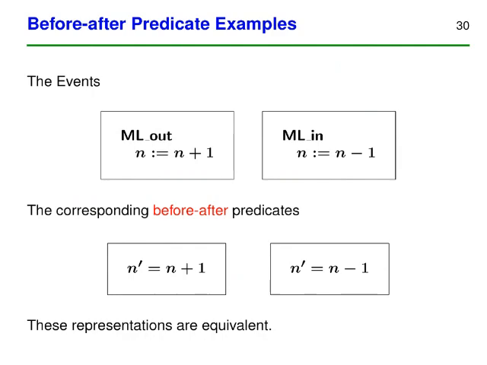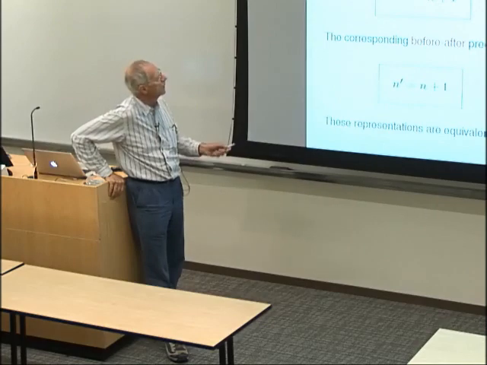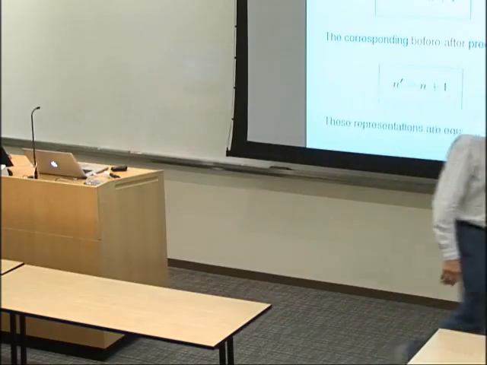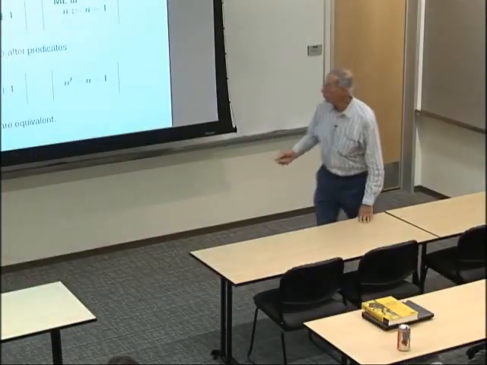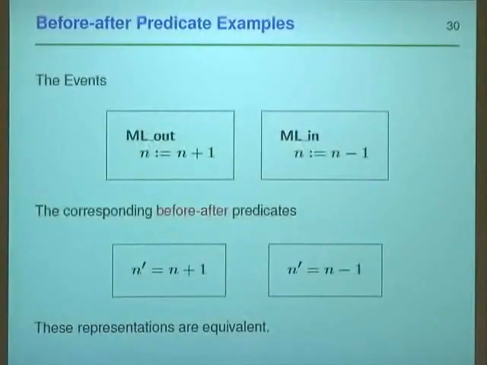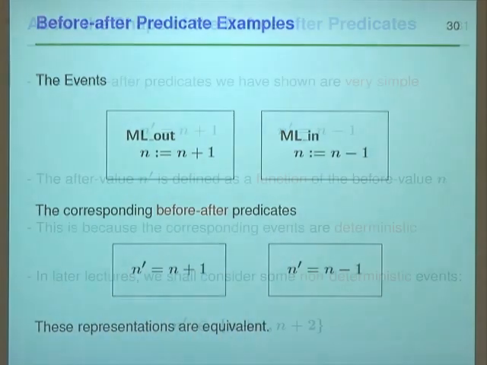So it's completely trivial here. n becomes n plus 1 gives a before-after predicate n prime equals n plus 1, and n becomes n minus 1 gives n prime equals n minus 1. So by doing this little jump here from colon-equal to equal by introducing the prime, we can enter into mathematics. We have no more something becomes equal, which looks like programming, and now we can define clearly the proof obligation. So let me do this.